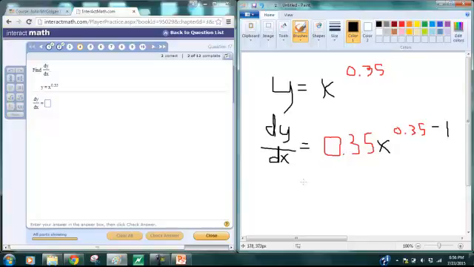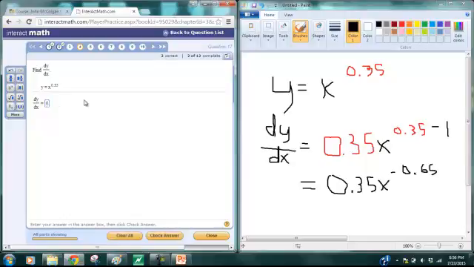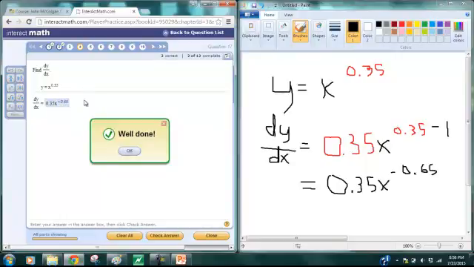And then just to simplify this really quickly, that's just going to be 0.35 x to the negative 0.65. Right? 0.35 minus 1 is negative 0.65. And here, let's check our answer out. Up to the negative 0.65. And there we go.